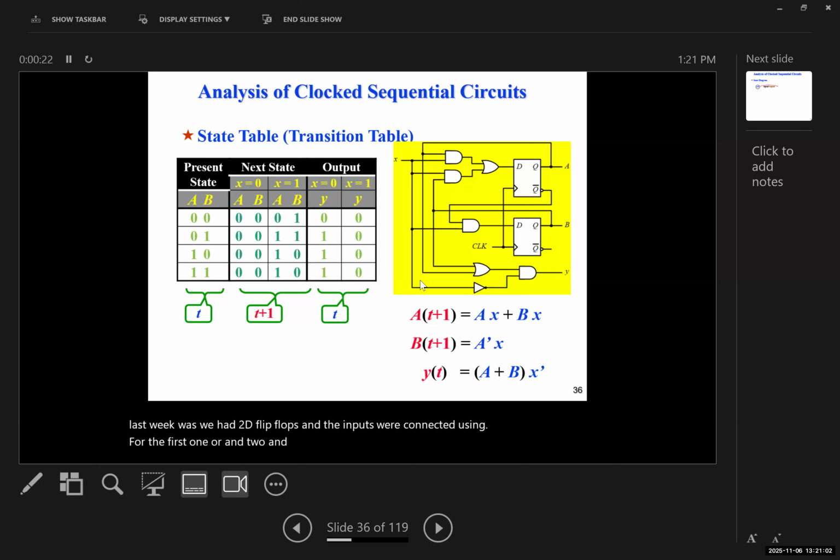For the B flip-flop, the input was connected to an AND gate, and one of the inputs of the AND gate was connected to A, and we had an input X, and the other two inputs were A and B at the previous time. And we learned that we can write the state table or the transition table by putting in the present state, the next state, and the outputs. And using this table, we can also write the Boolean function for this as well.